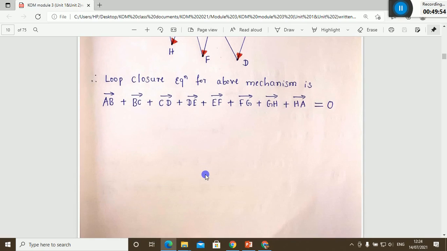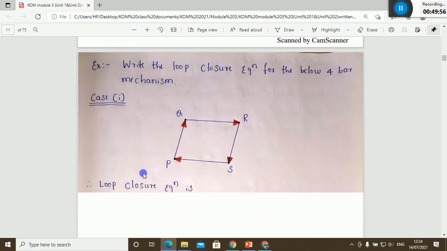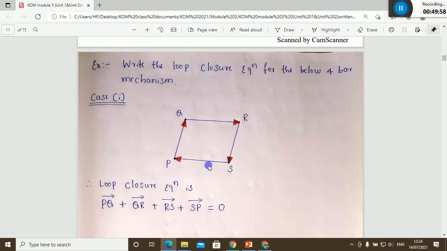If it is clear, I will take one more case. I'll take a 4-bar mechanism or a 4-bar chain. Just take this as case 1. I'll indicate all 4 kinematic links with vectors, that is PQ, QR, RS and SP. And I'll write down the displacement vector of PQ.